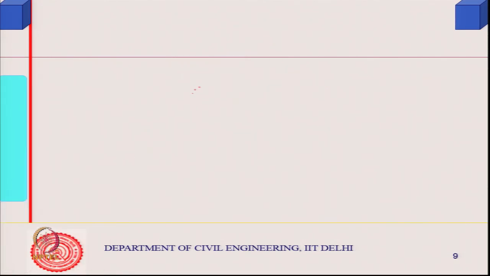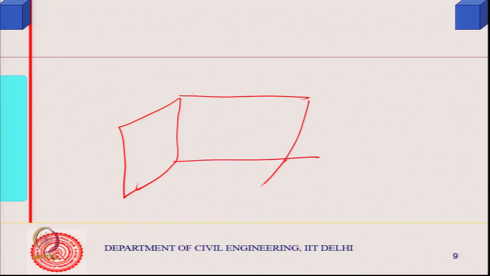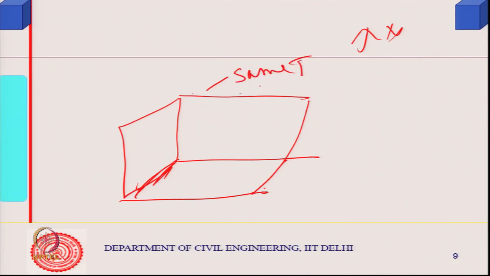Am I clear? Let me just do this again. The room is something like this. This is the north side, and all the other sides are at the same temperature, so there is no heat transfer.